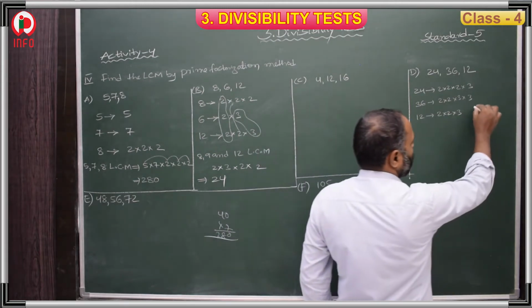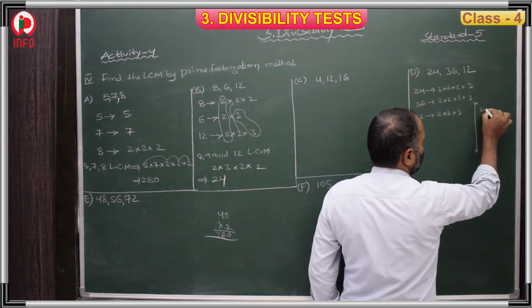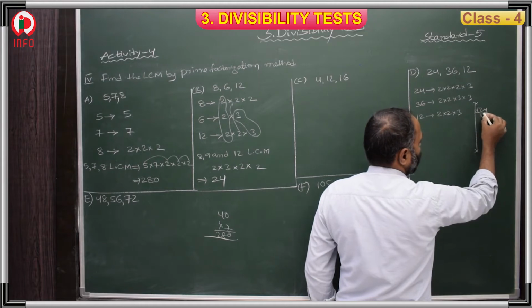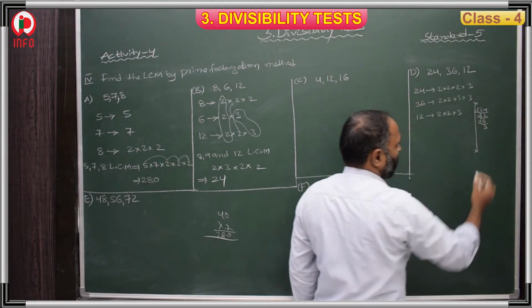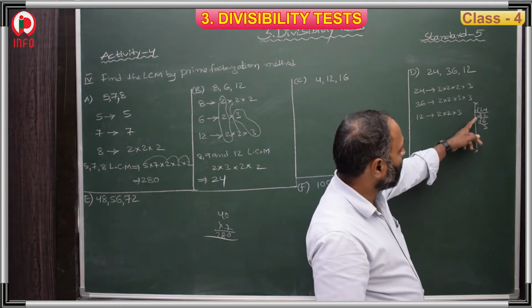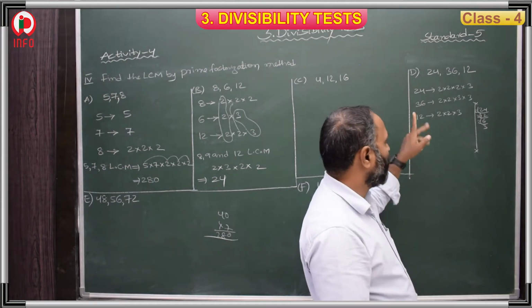If you don't know how, then take it like this. First take 24: 2 into 2 into 2 into 3. All the numbers you write in this way only.